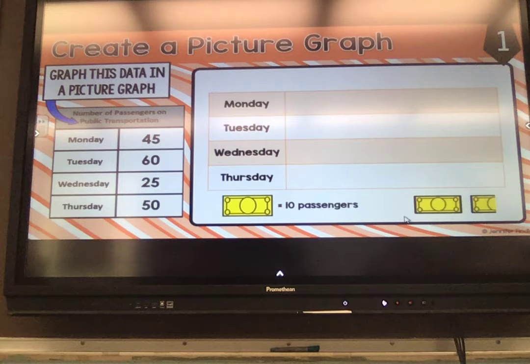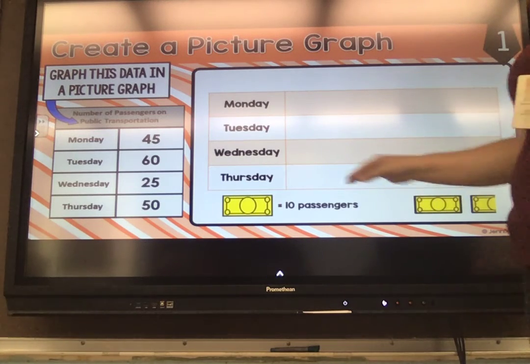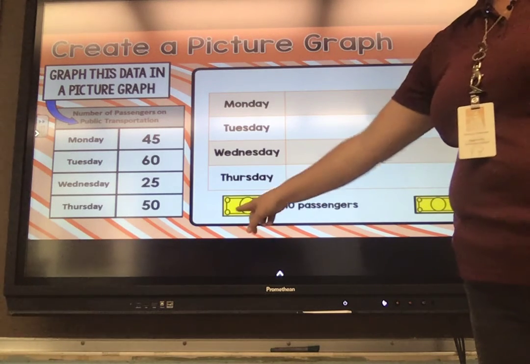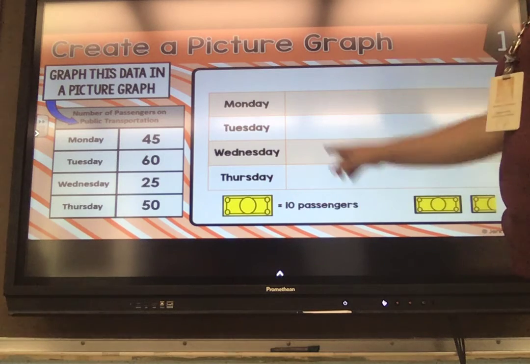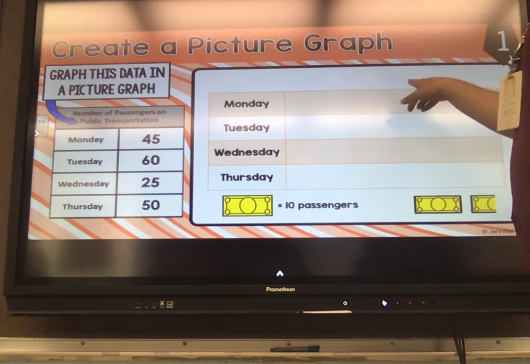Picture graph, you're going to pick up and put the pictures. So you're going to click your pictures and drag them up to the days until you match the numbers. You are going to have to use some half pictures because one picture is 10. So to do Monday, I'm going to need 10, 20, 30, 40.